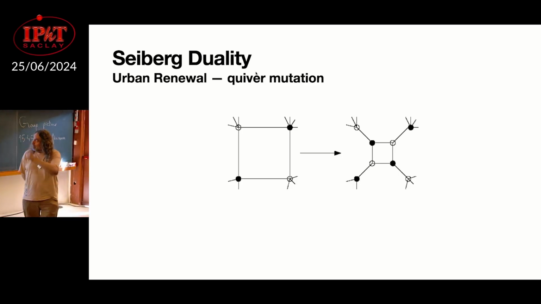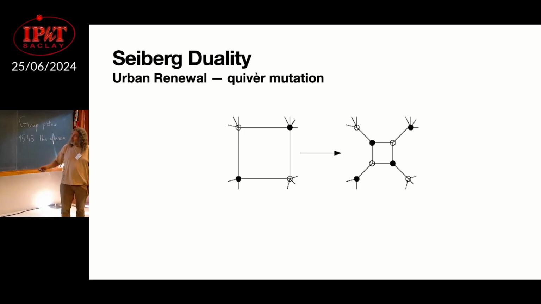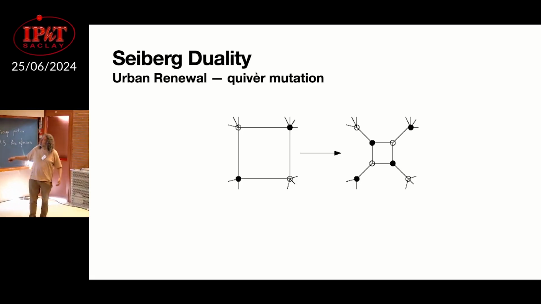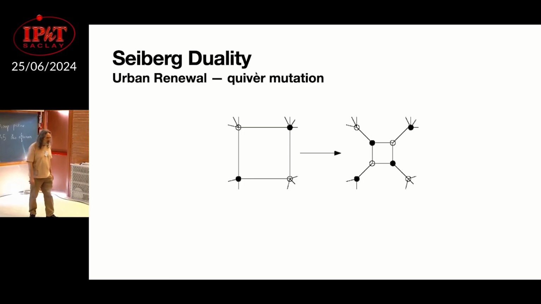They call it urban renewal, where you take one tile and replace it by this particular pattern. You would say that this is a renewal of some urban environment if the 4 big cities which are neighbors take some space from the one in the center.